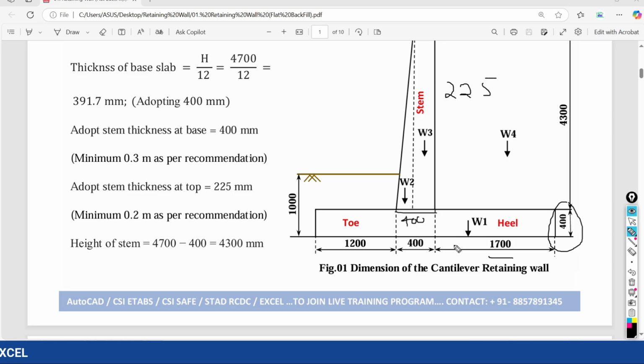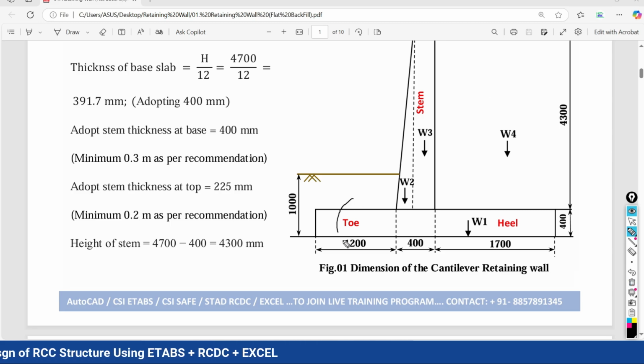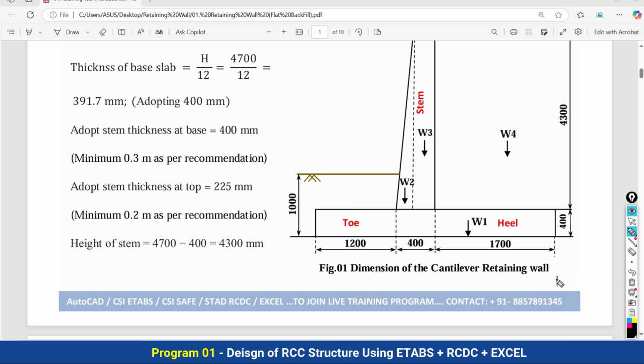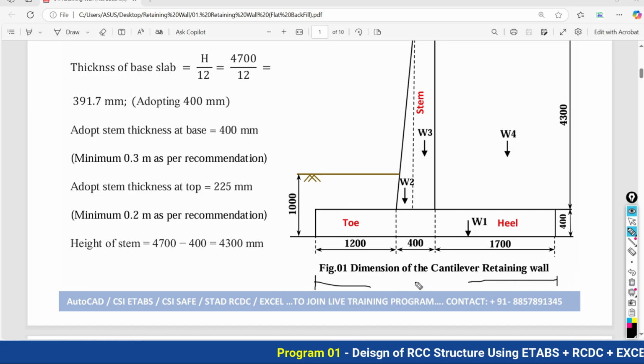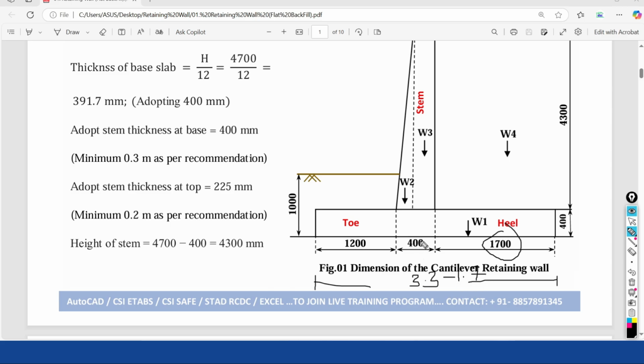That's all done. Now you should ask a question, how we can calculate the toe width. So it's very simple. We have total width as 3.3 meter, minus 1.7 meter, minus 0.4.